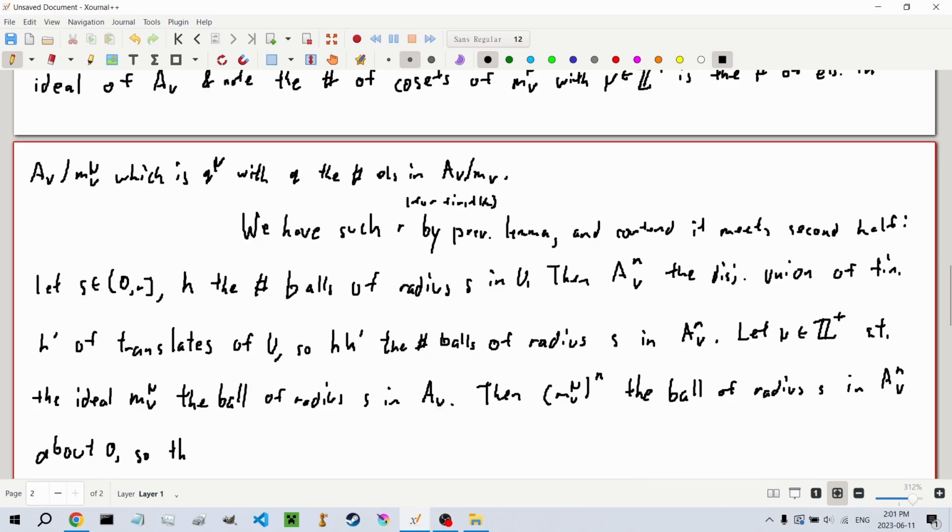So there are q to the mu to the n balls of radius s in A nu to the n.